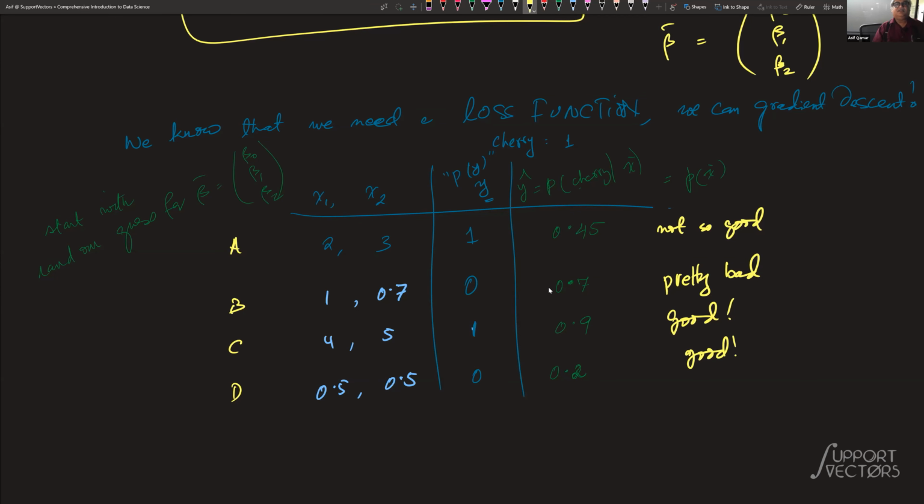And how do you do good? You are basically comparing these 2 things, how close they are. So your first temptation may be, hey, why not look at y minus y hat? Can I just use the square of this for the analysis?